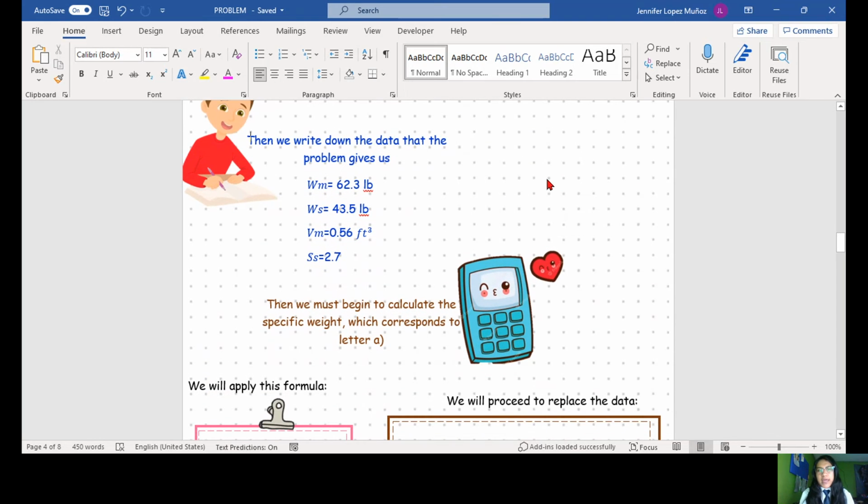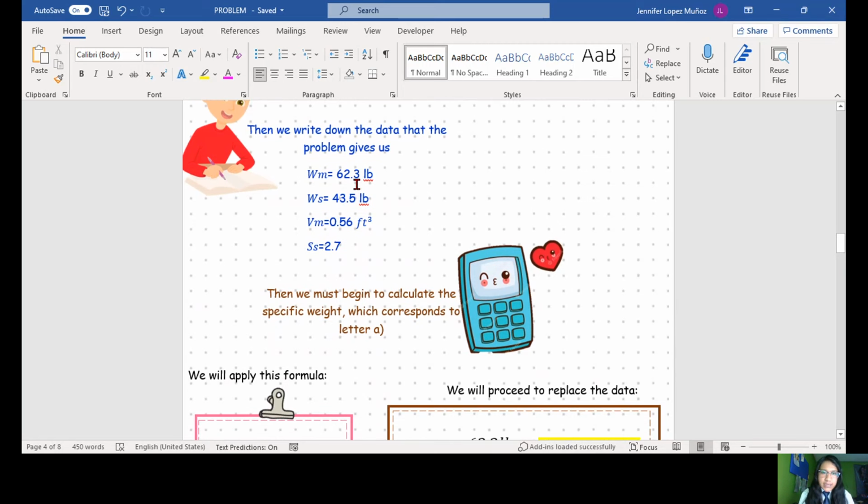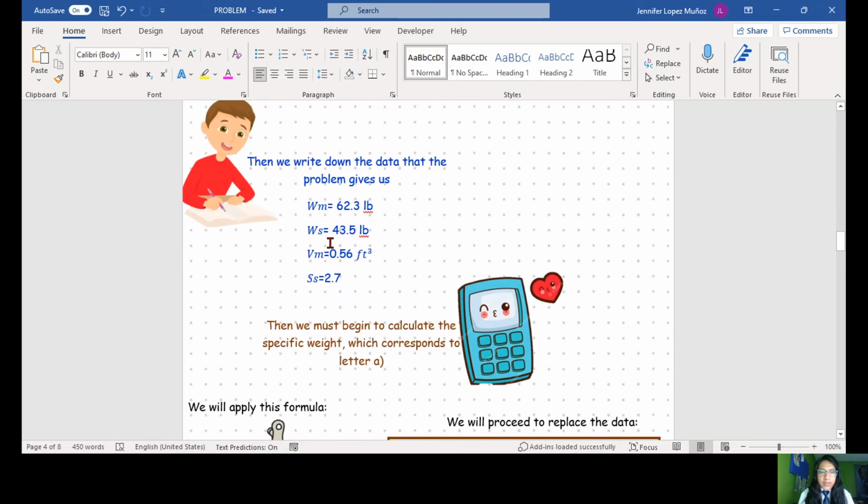Then we write down the data that the problem gives, for example, four data. Sample weight equals 62.3 pounds.